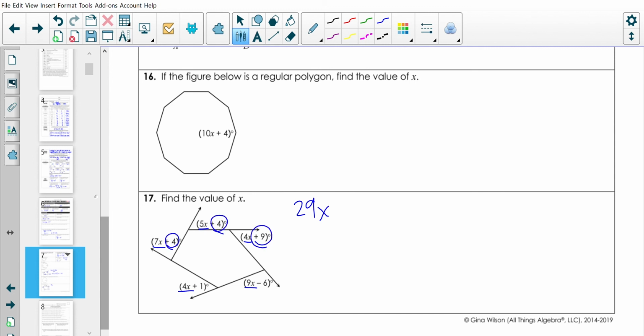Plus 9 is 17. Minus 6 is 11. Plus 1 is 12. Equals 360. Solve and you get 12. x equals 12. And it did only ask for x.